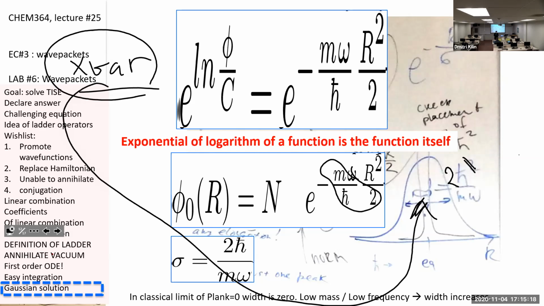But for one specific value, equal to 2ħ over mω, the shape of the wave packet will not change in time. So we numerically prove that a Gaussian wave function with a certain width is an eigenstate of the harmonic oscillator Hamiltonian. Make sense?